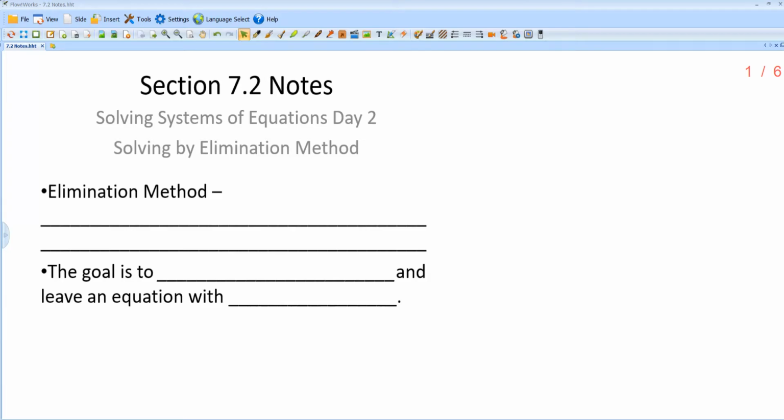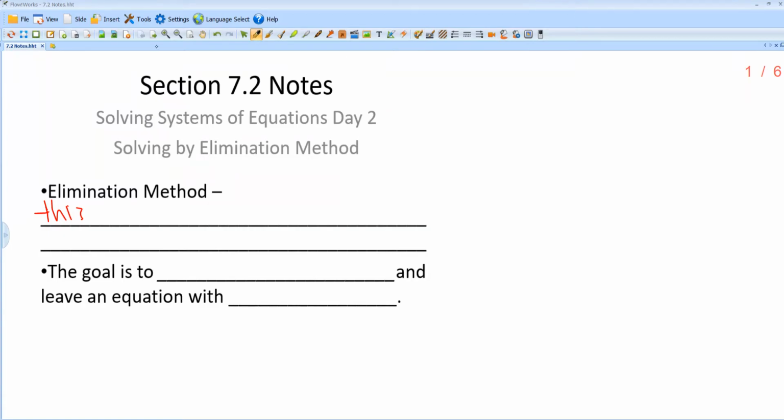So the elimination method, when we're talking about that, this method, let's switch to a good pen for this. This method, the elimination method, combines the two equations by adding or subtracting equivalent quantities.